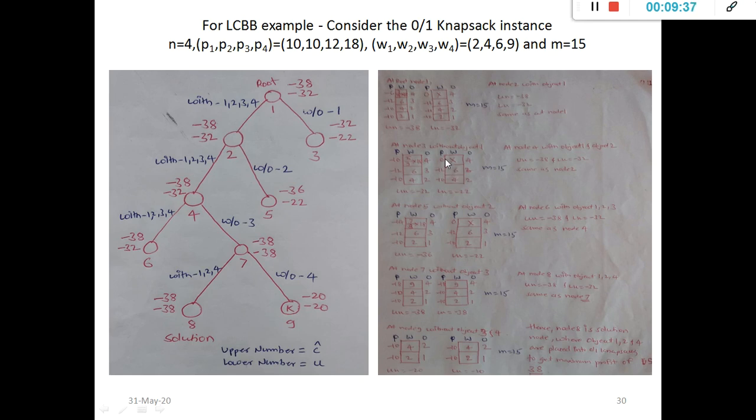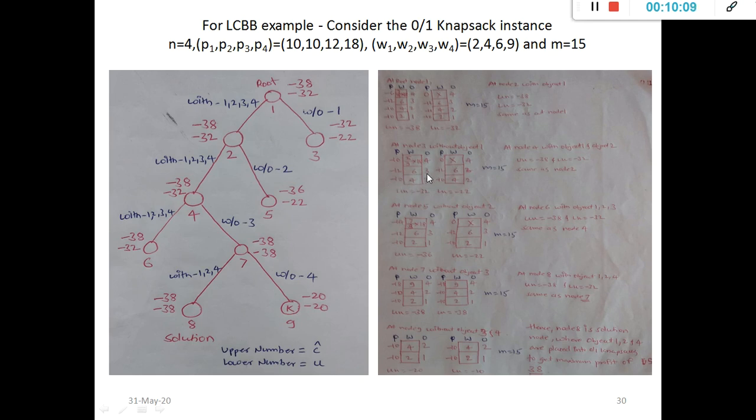So now we have to calculate the new upper values and the new lower values at node 3, and at node 3 you have to consider without object 1. Without object 1 is nothing but you are not placing object 1 into the knapsack. Then without object 1, you will calculate the new upper number and lower number values as shown in this diagram. That is, at node 3 without object 1, first place object 2 into the knapsack, its weight is 4 and profit is 10.